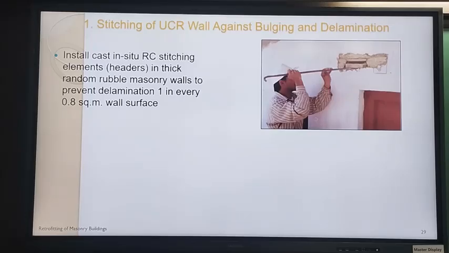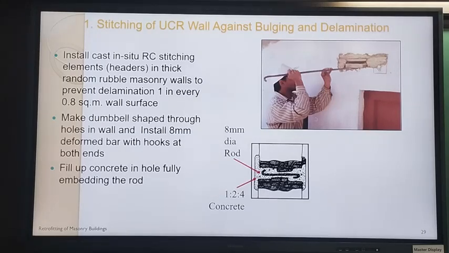So what is required is to make holes, one for every 0.8 square meter or 8 square feet. And this is a very delicate operation. Ideally, the hole has to be like a dumbbell shape.